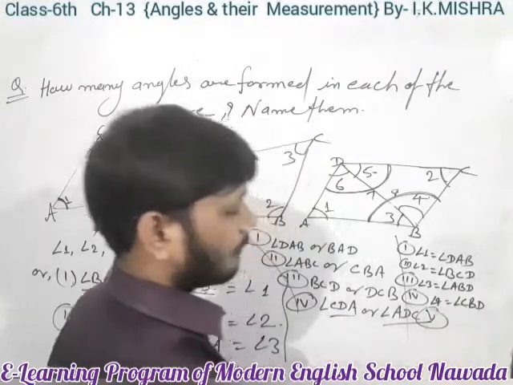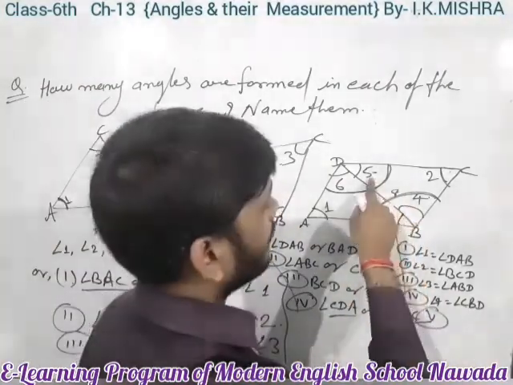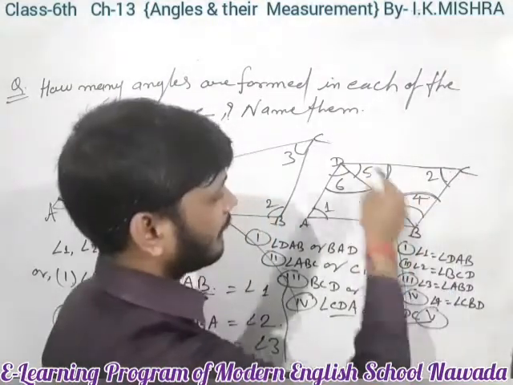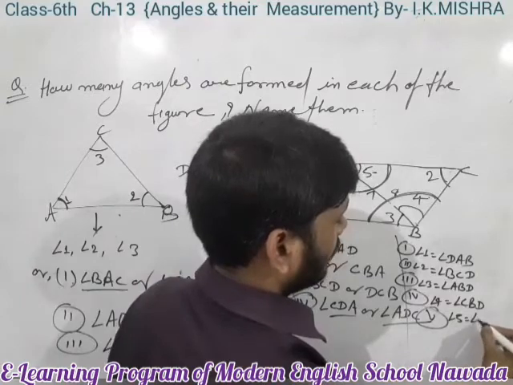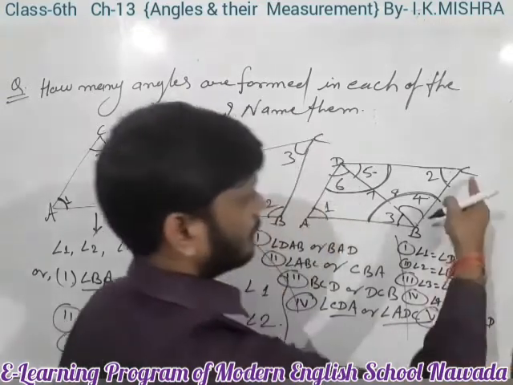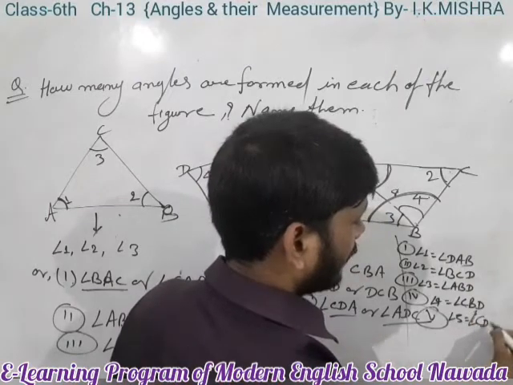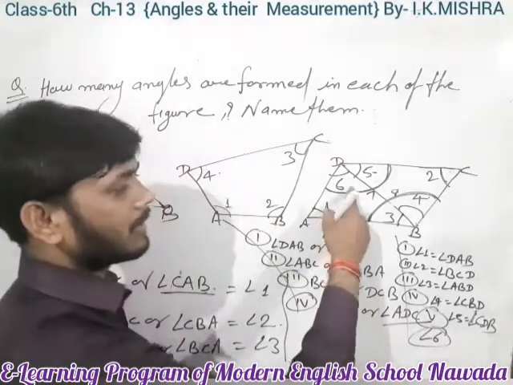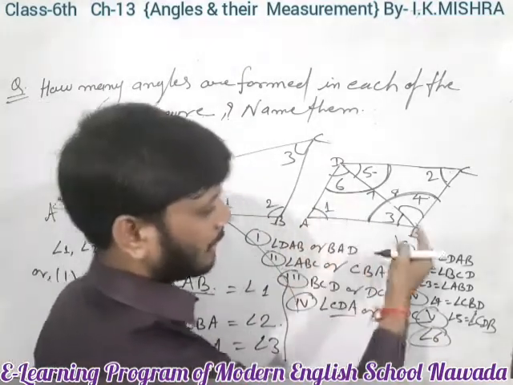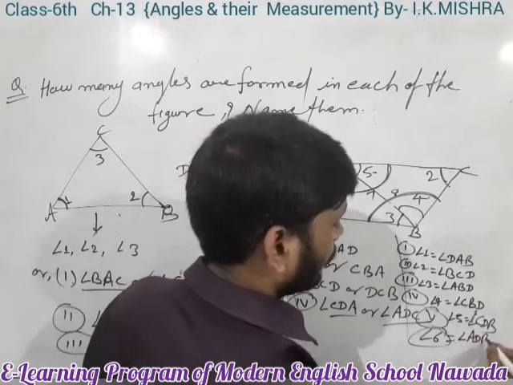Angle 5 means this angle, and it can be written as CDB. Angle 5 is equal to angle CDB. Angle 6 means, students, ADB. Angle 6 is equal to angle ADB.